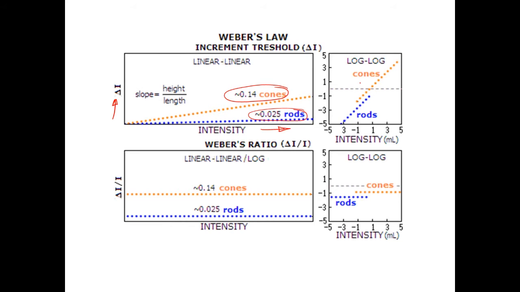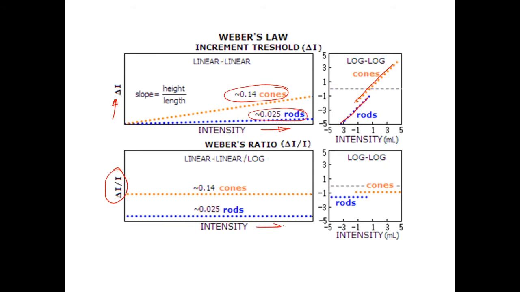When the same graph is made as a log graph, you can see that there is almost a 45-degree slope. Both rods and cones have a 45-degree slope. Only the y-intercept and x-intercept are different. According to Weber's law, del I by I, that is the JND, the Weber fraction, must be constant.